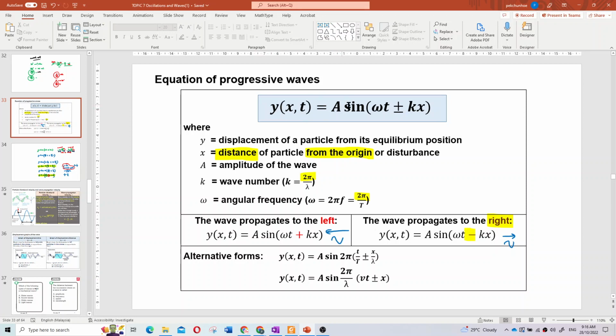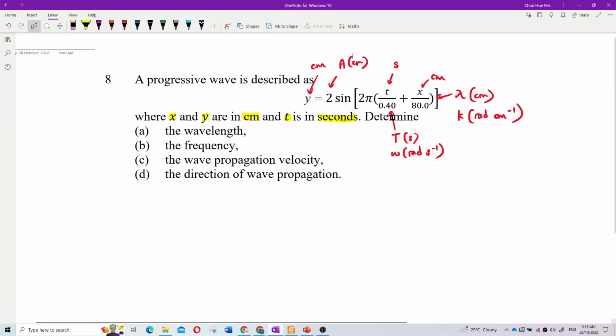The question sheet only gives you y equals A sine omega t plus or minus kx. Work from there and derive on your own.